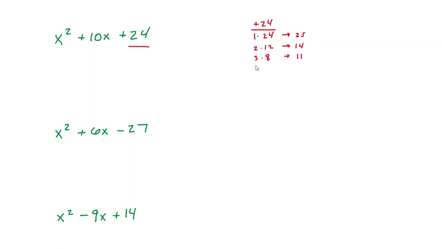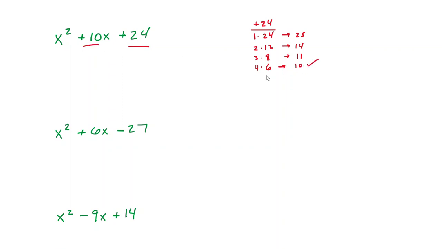Okay, and then let's do 4. 4 times what equals 24? Well, 2 times 12 is 24, so if I take 12 and cut it in half again, I get 6, because that's like dividing by 2 and then dividing by 2 again. So 24 is 4 times 6, and 4 plus 6 is 10. Well, wait a second, 10 is what I was looking for here.